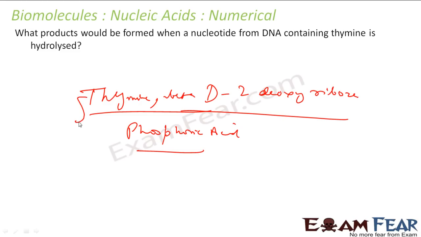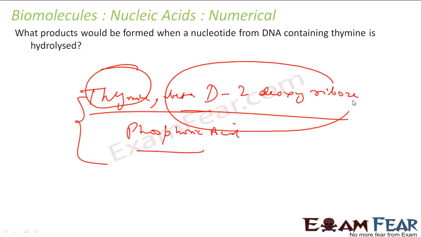Correct? It will give you these three. This is my base, this is my sugar, and this is phosphoric acid. As told, nucleotides consist of sugar, base, and phosphoric acid.